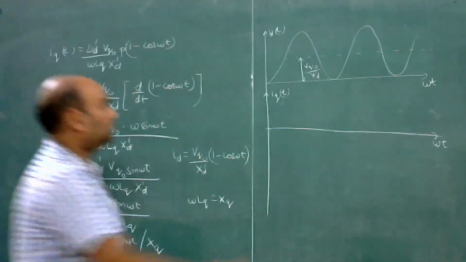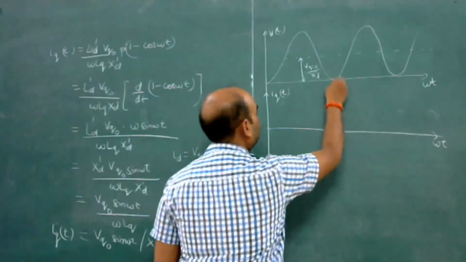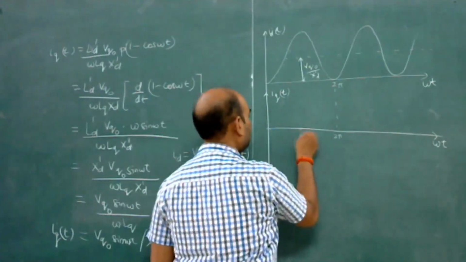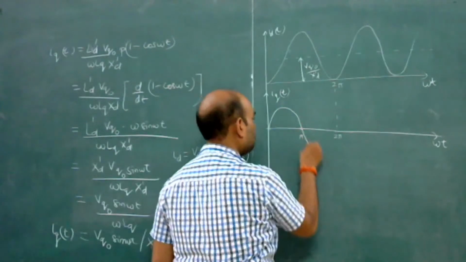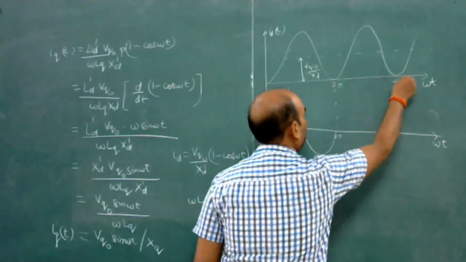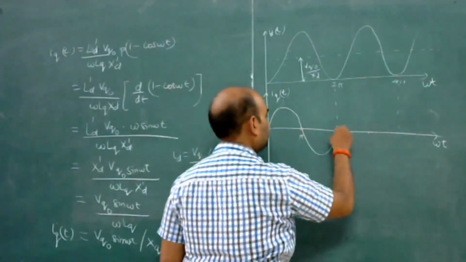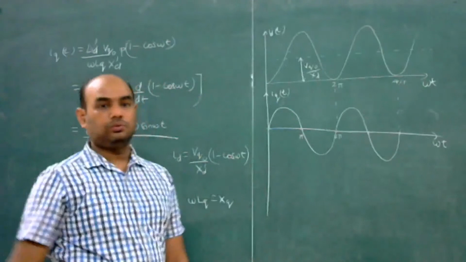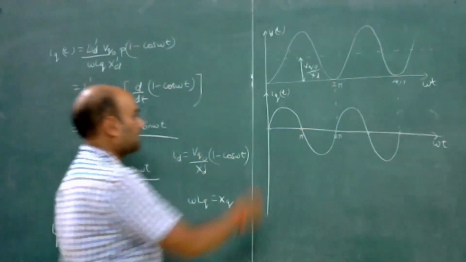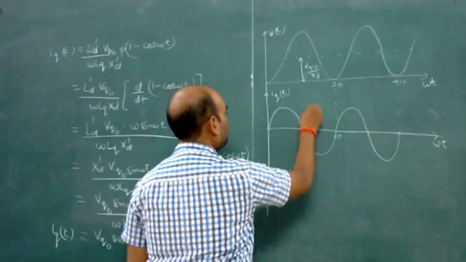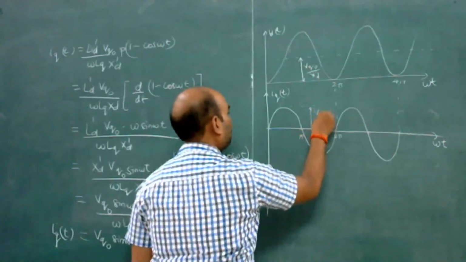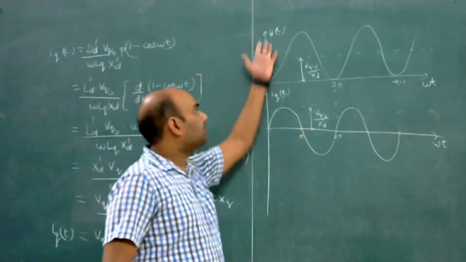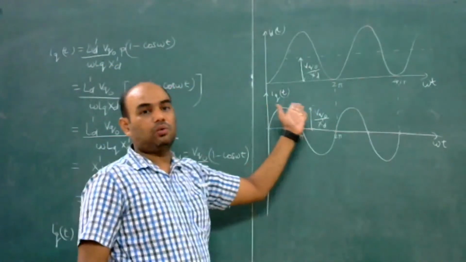This is 2 pi, and this is 4 pi. So this is IQ(t), and the maximum value is also the same, VQ naught divided by X. Okay, so this is the variation of the d axis current and the transient d axis and q axis current.